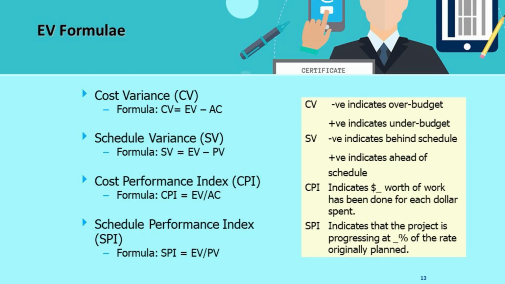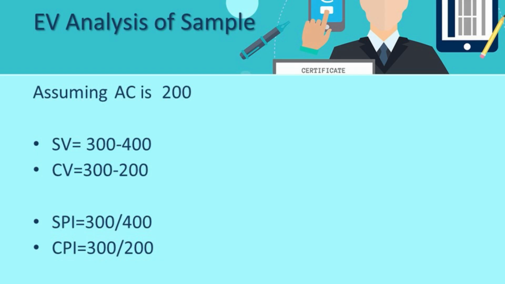Now let us say there are two projects of different sizes. How do you compare the performance of these two different projects? From that perspective, there are two indices which have been introduced, the Schedule Performance Index and Cost Performance Index. Schedule Performance Index in this case is 300 by 400, that is 0.75.